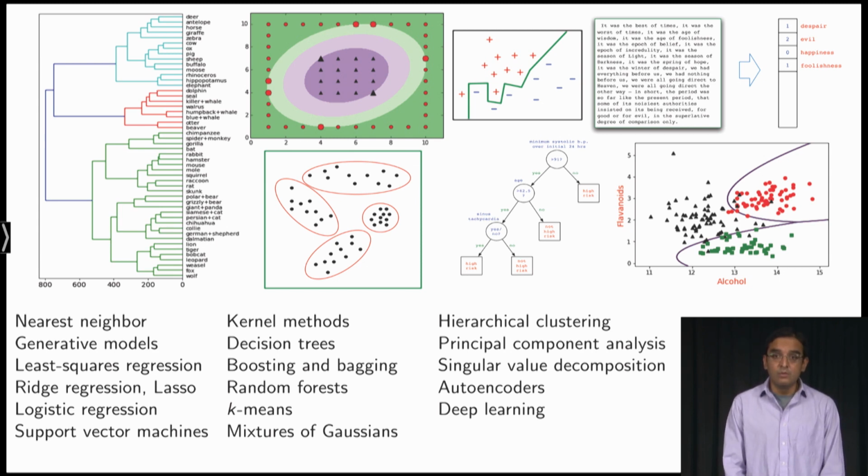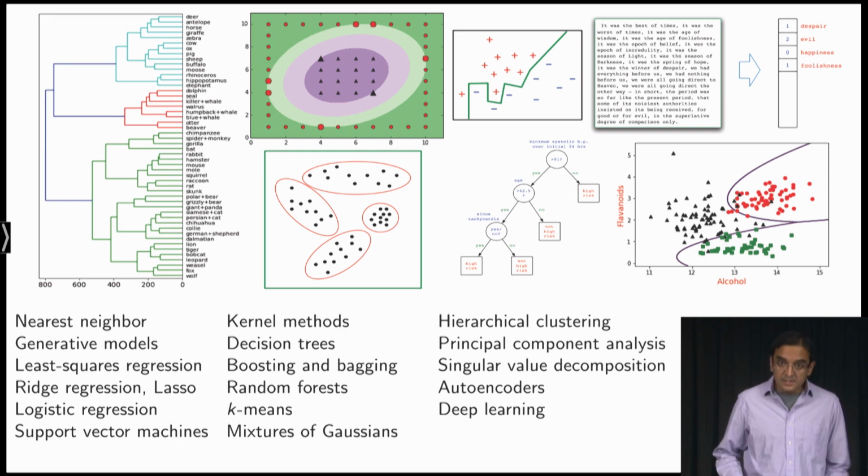Most of all, we'll really delve into the fundamentals of these methods. We won't think of them as recipes to be blindly followed, but rather as interesting approaches that, once understood, are amenable to all kinds of modifications and improvements.